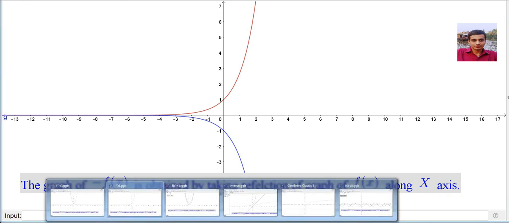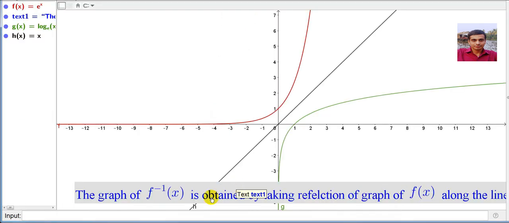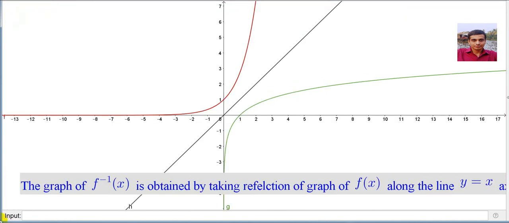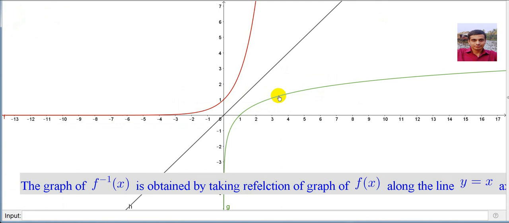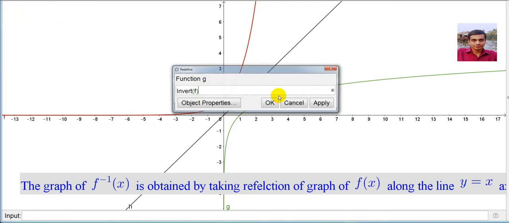Finally, we will study the relation between graphs of functions and graphs of their inverse functions. Whenever an inverse is defined, there is a specific relation between graphs. The graph in red color is that of e raised to x, and the graph in green color is its inverse function.